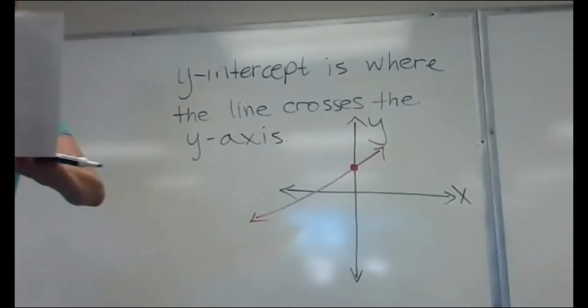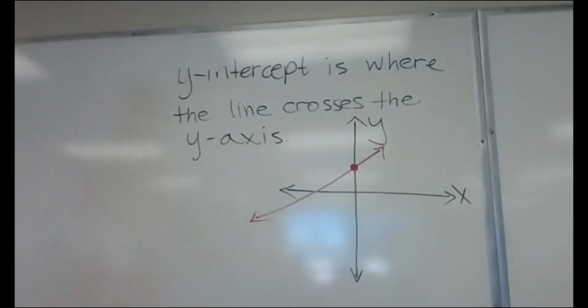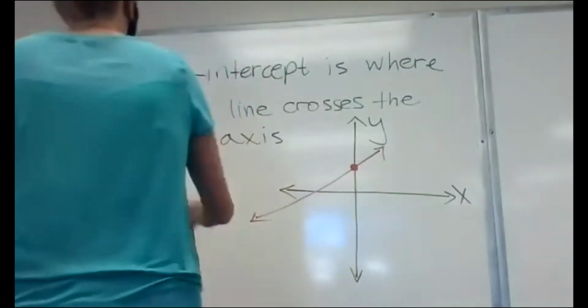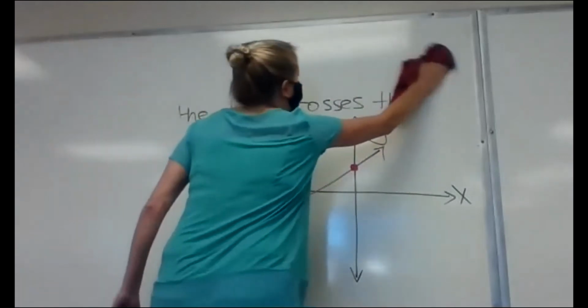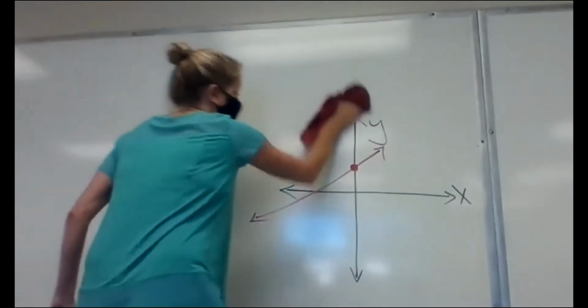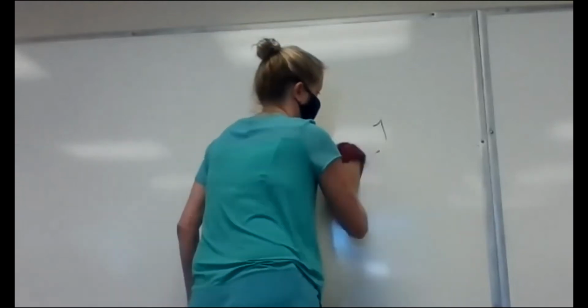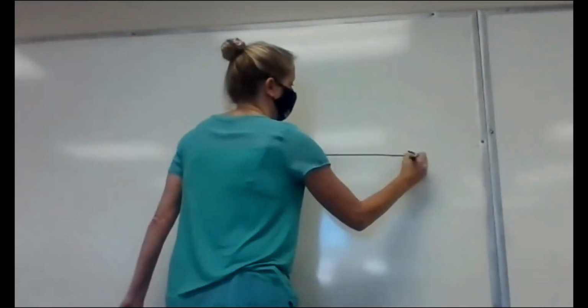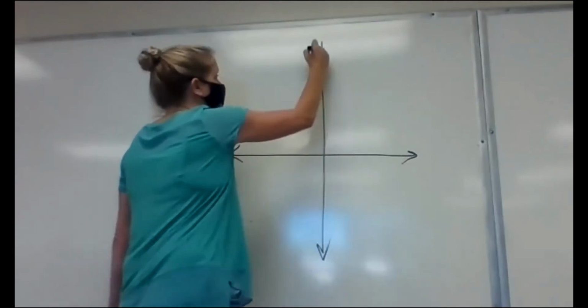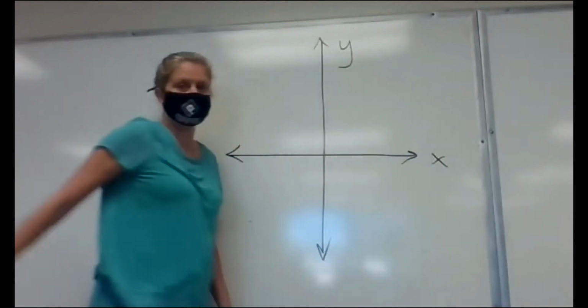Okay, so this information should help us go through the first part of this section. Number 1 has a graph that looks like this. Got an x-axis and a y-axis.